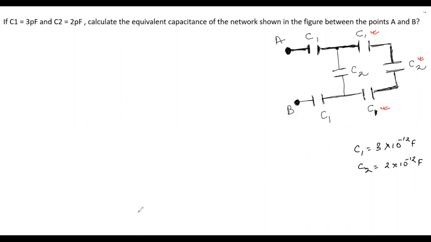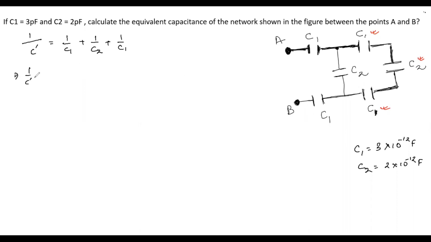So first of all, we'll find the effective capacitance of these three capacitors. Let's say that it is C dash. Right. Now since they are connected in series, 1 by C dash is equal to 1 by C1 plus 1 by C2 plus 1 by C1, right? Since they're connected in series.